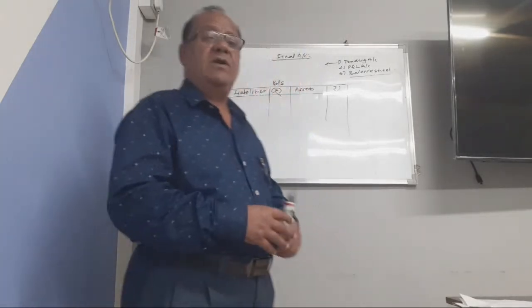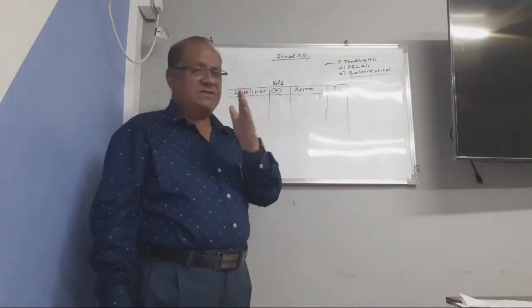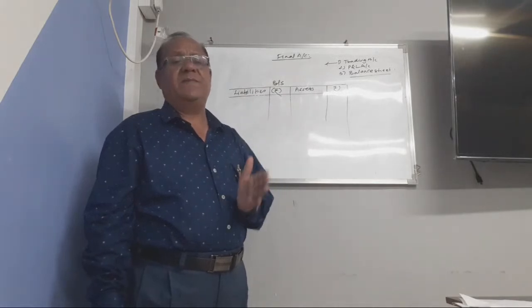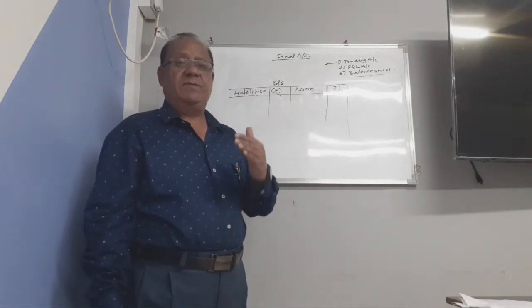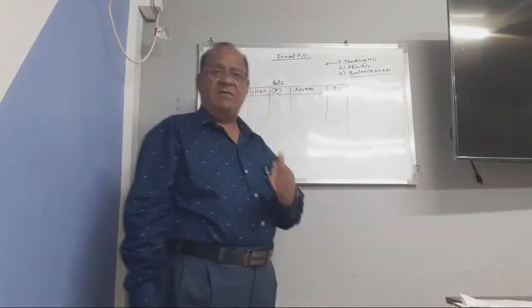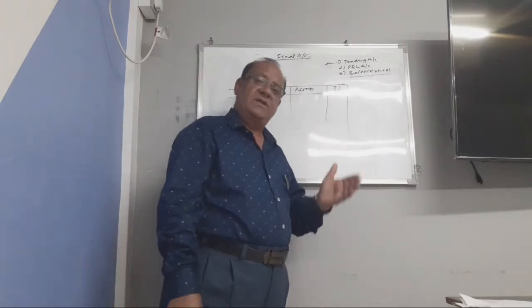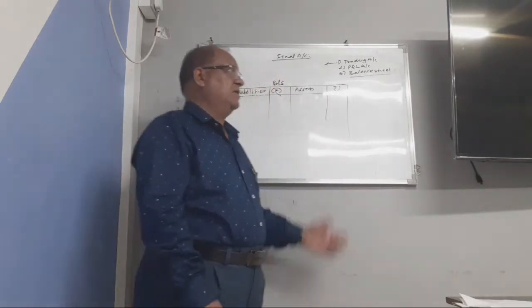So once again, we are summarizing all these things. What is a final account? A final account is a statement showing trading account, profit and loss account, and balance sheet prepared on the basis of trial balance and adjustments to arrive at the net result and ascertain the financial position of the concern. This is called final account.